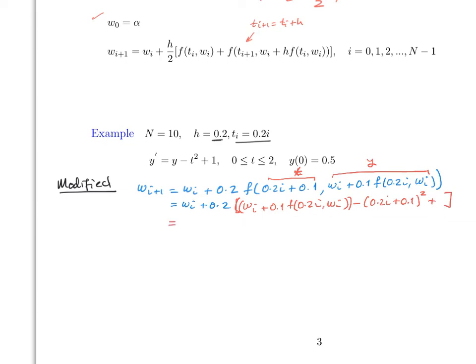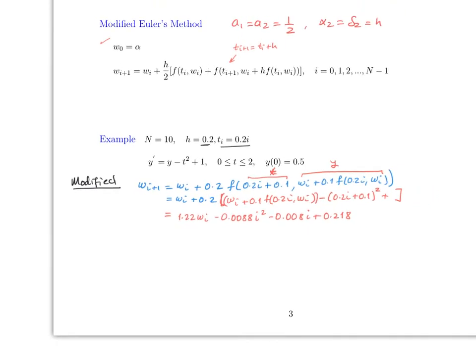So once you do all the beautiful algebra and simplify, you will get something like this: 1.22 w i minus 0.008 i squared minus 0.08i plus 0.218.